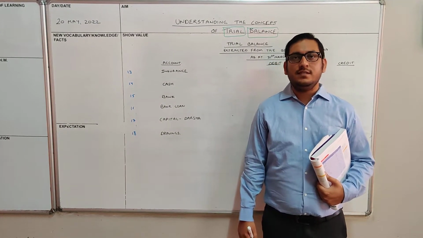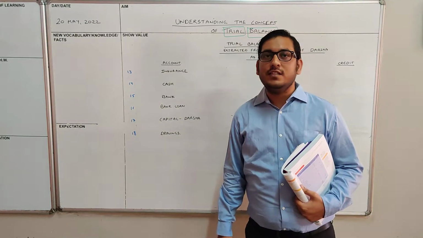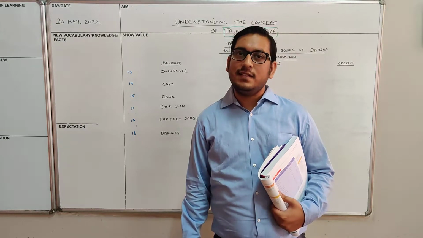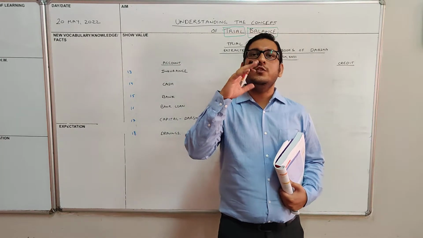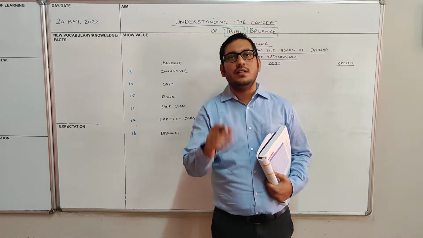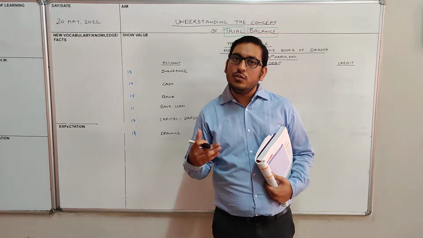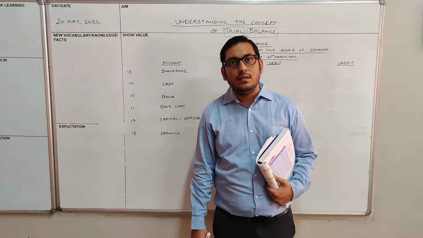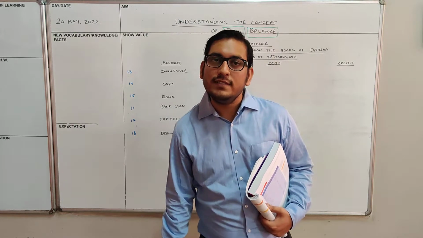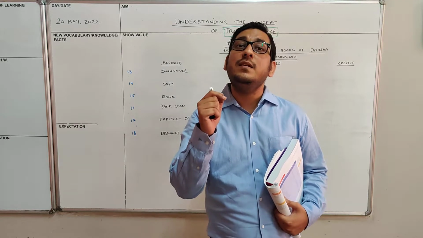So students, the next point is insurance. What is insurance? Insurance is taken by the business to cover its risk. For example, if I take fire insurance, if a fire occurs in my office premises or factory, I will suffer losses, so I need to cover my risk by taking insurance. For insurance, I need to pay the premium.